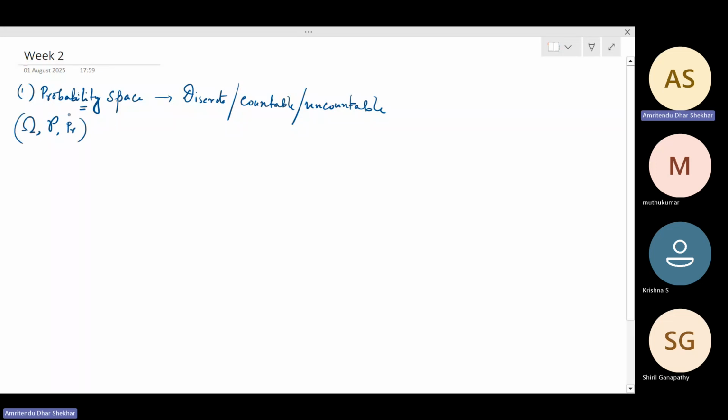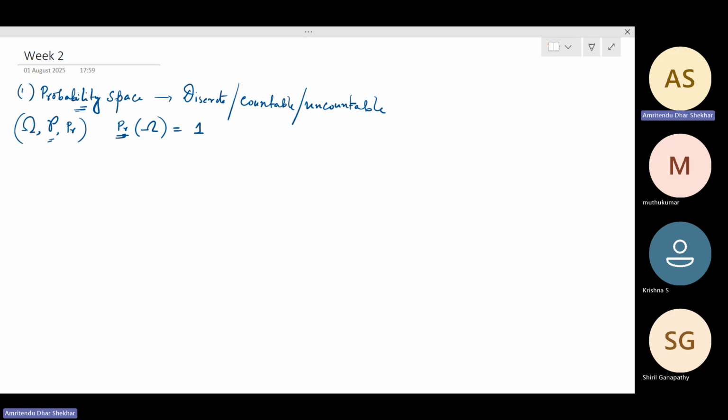In order to be a probability space, you need this PR to be a non-negative measure, and PR of omega is equal to 1. So this is basically your measure. And of course, script P is a sigma algebra.